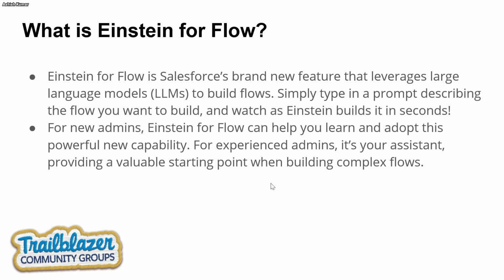Sometimes we start a flow but are not able to understand what my starting point will be, what the criteria are, or how I can add them. And sometimes you're not able to understand whether you can achieve a scenario through flow or not. In this condition you can use Einstein for Flow and pass your prompt.